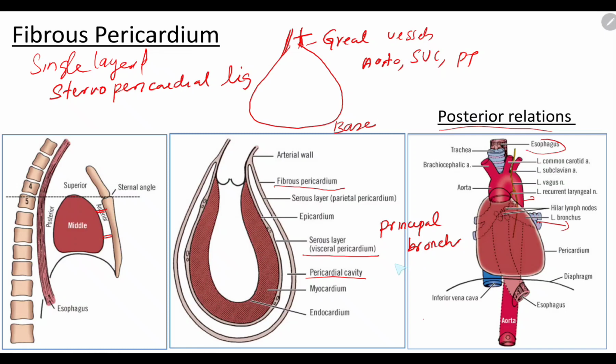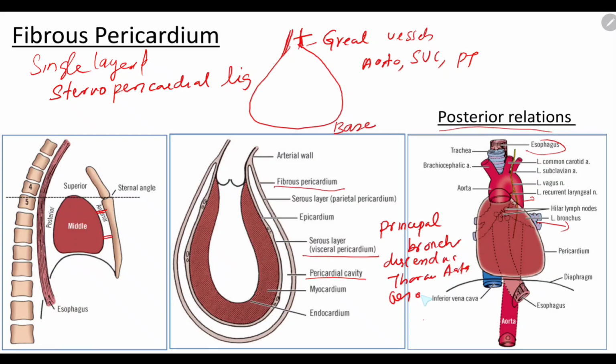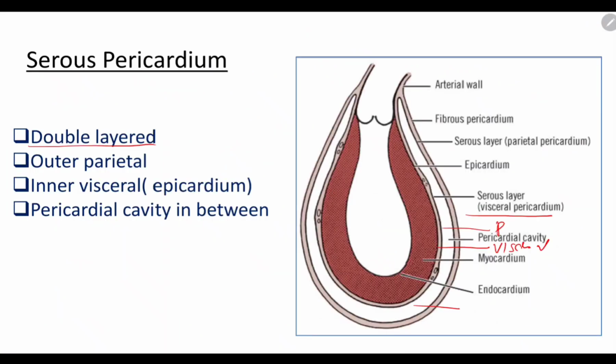These are the structures related anterior and posterior to the pericardium. Then on either side we have the phrenic nerves.